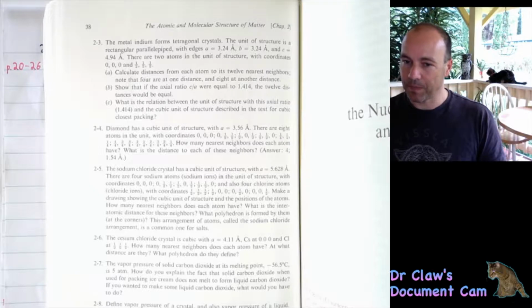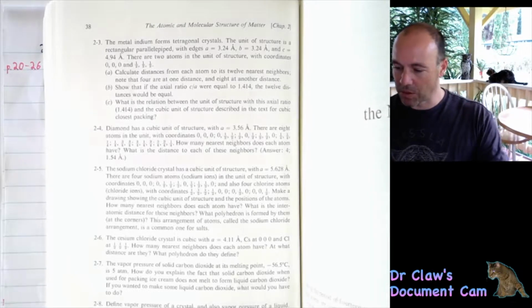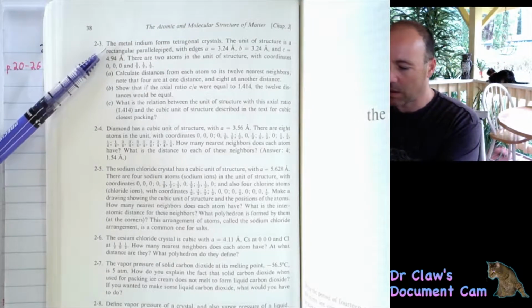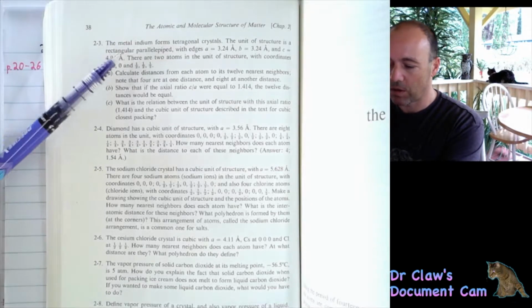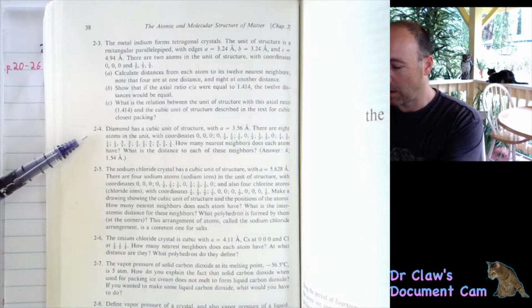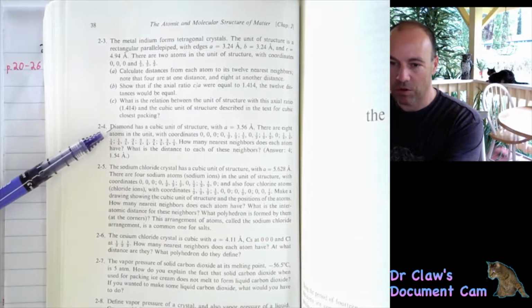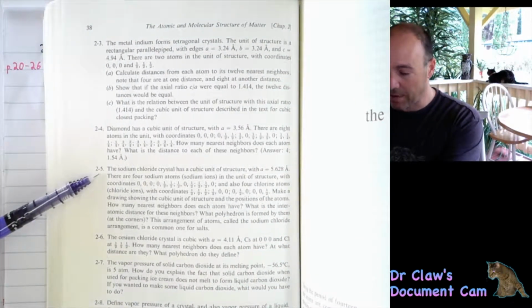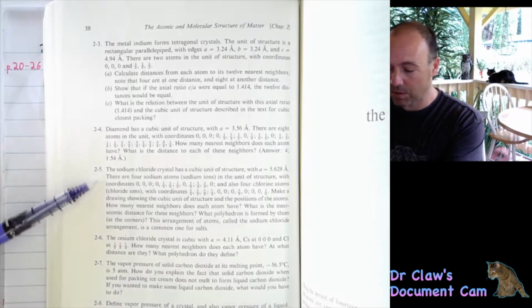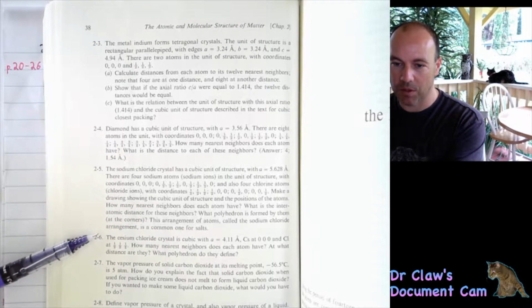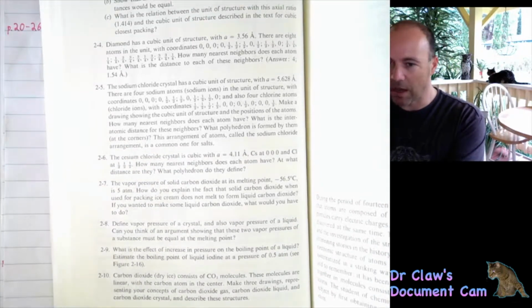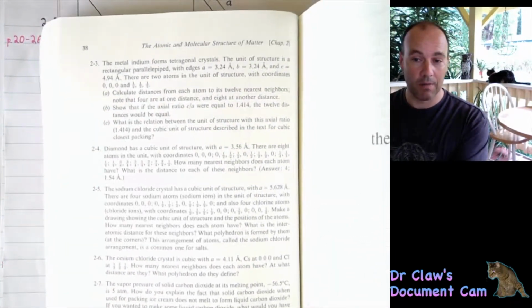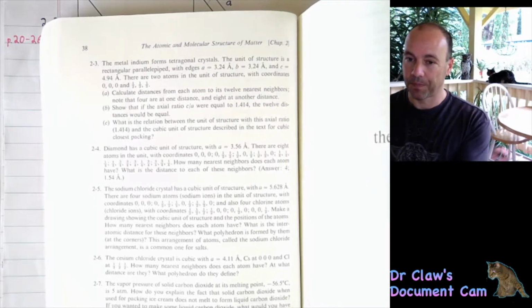Exercise 3 is talking about the crystal structure of the metal indium. In exercise 4, the crystal structure of diamond. 5, sodium chloride's crystal structure, and 6, cesium chloride's crystal structure. The last of the exercises, 7 through 10, we'll deal with in our third and final video for this chapter.